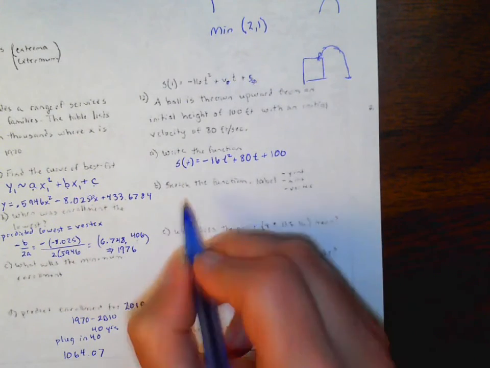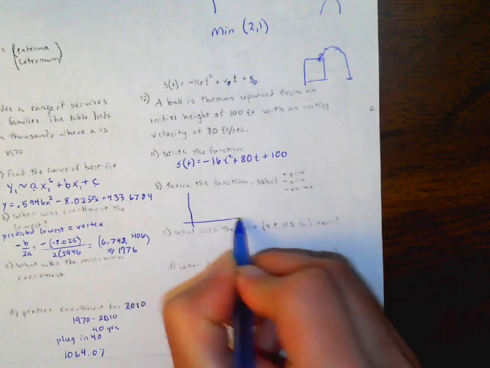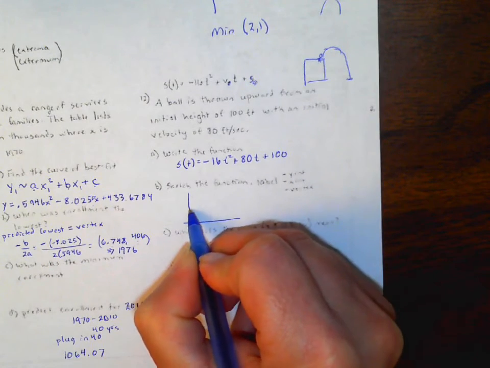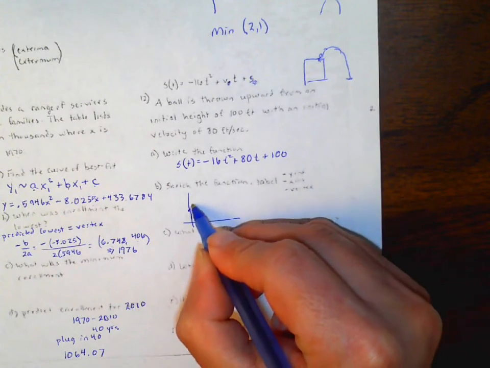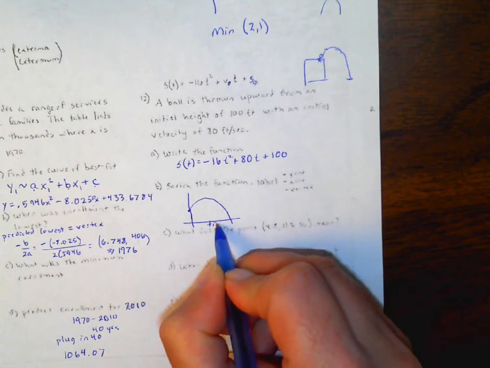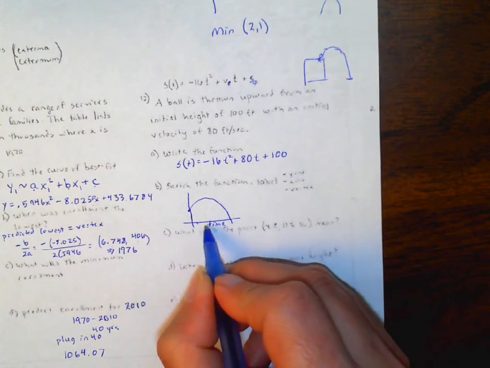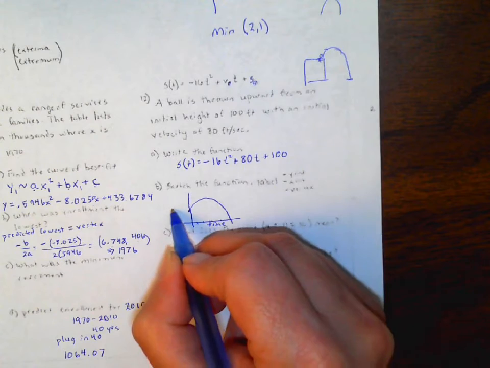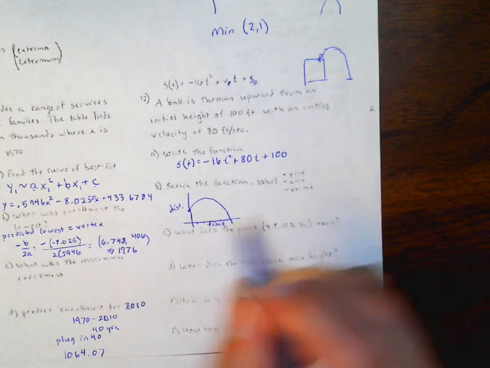If I sketch this function, it starts at 100, goes up and then comes back down. This is our time, how many seconds are going by, and this is the distance it's going up in the air.